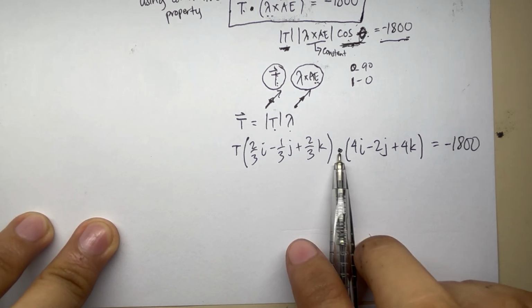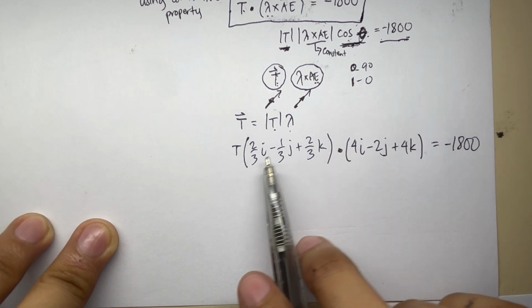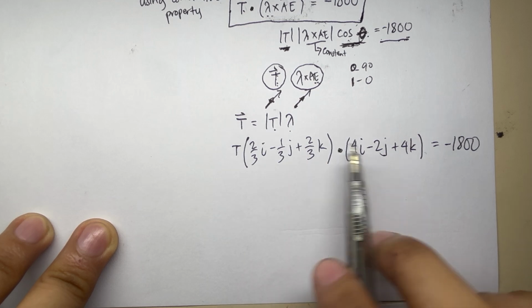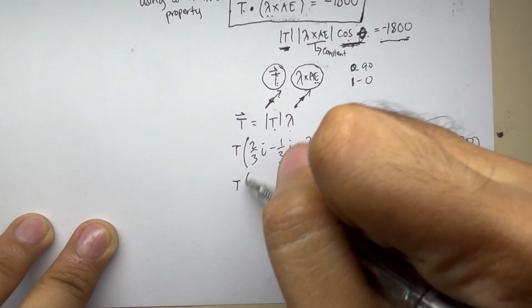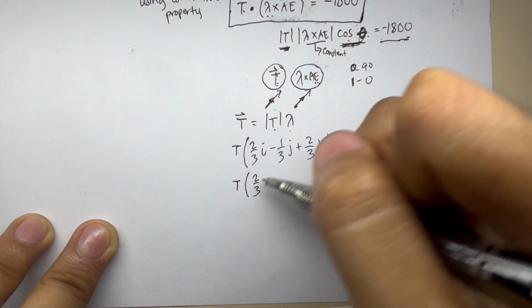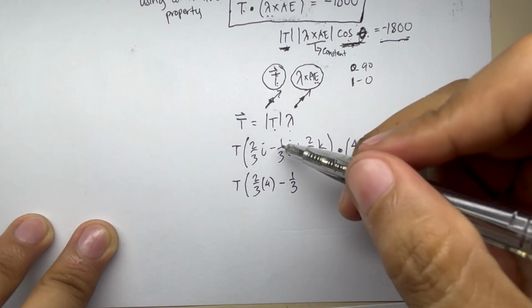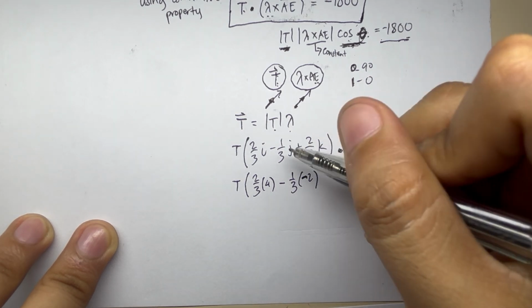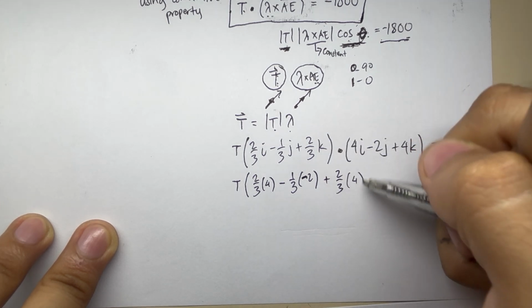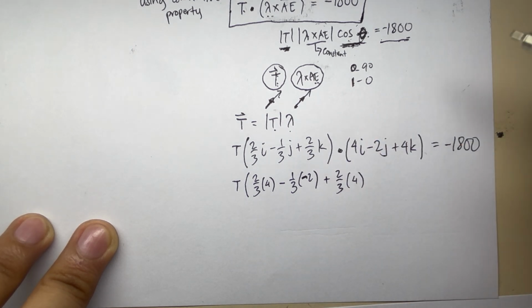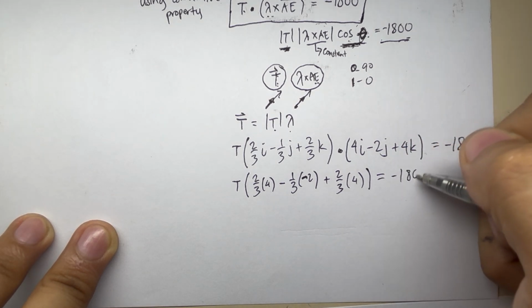So using that product, we know that i dot j is 0, i dot k is 0. So we only have i dot i, j dot j, and k dot k. So we have our tension that is equal to 2/3 times 4, i dot i is 1, and then minus 1/3 times negative 2, j dot j is 1, plus 2/3 times 4, k dot k is still 1, and that is equal to negative 1,800.